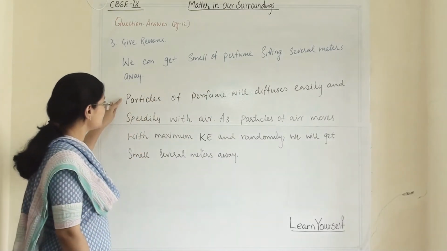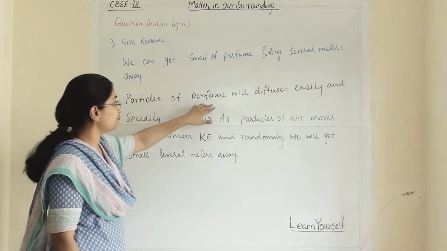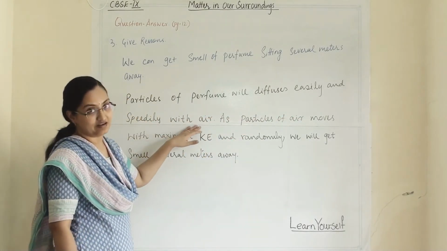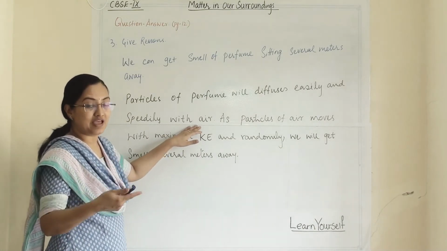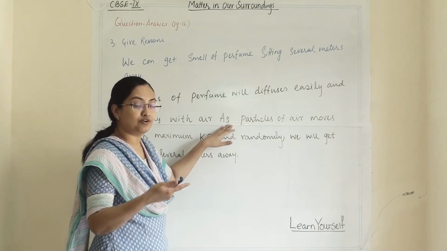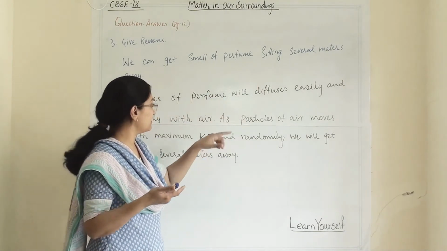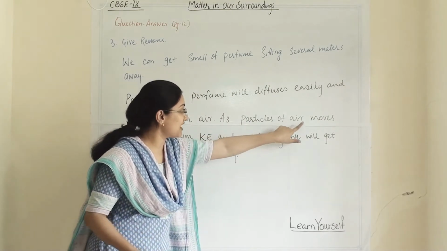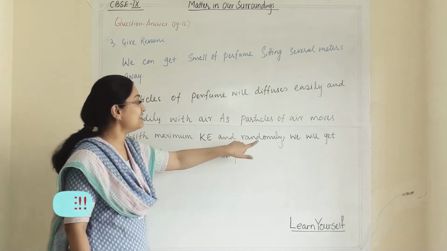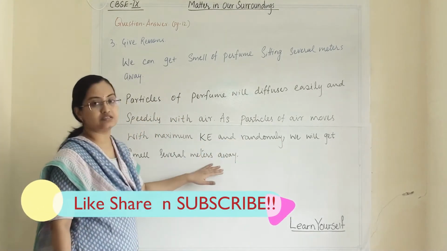So these two things we have to discuss. In the first sentence we have written that particles of perfume will diffuse easily and speedily with air. Now as it is with air, what is air's quality which will help perfume reach several meters away? As particles of air move with maximum kinetic energy and randomly, we will get the smell several meters away.